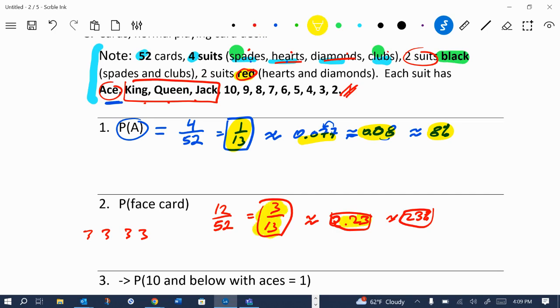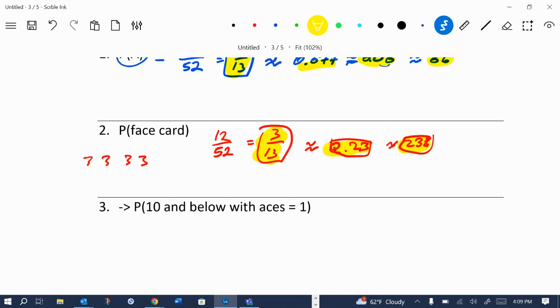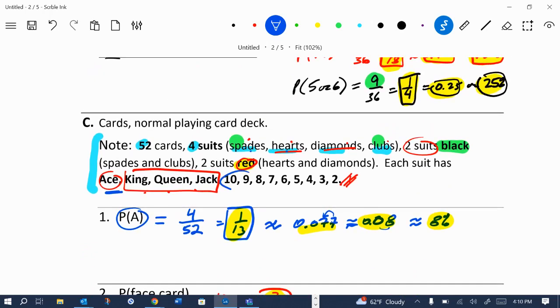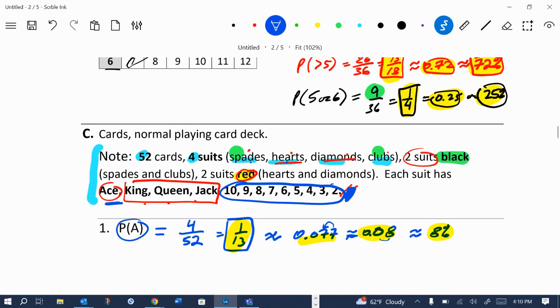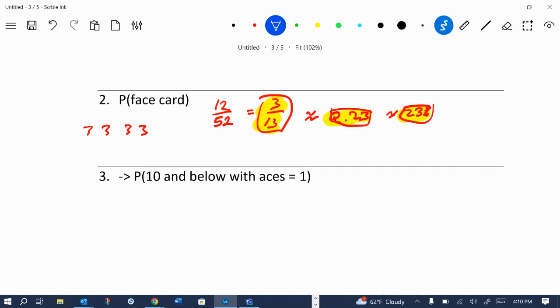Okay, let me mark these up. Now, the last one here is a different look, but it's almost the same as the second one: 10 and below with the aces as 1. So that means we would be using all of these, but also with the ace as the 1. Well, wait a minute. There's 10 numbers that are spades and 10 diamonds, 10 hearts, and 10 clubs.